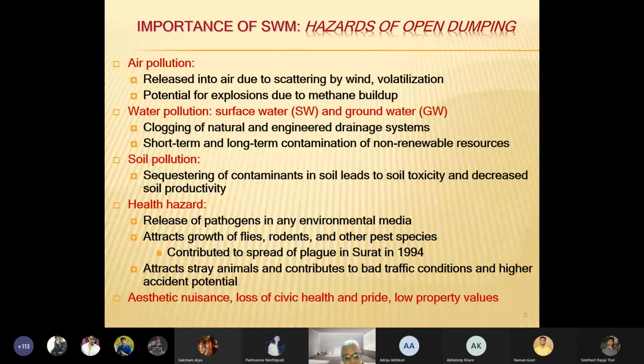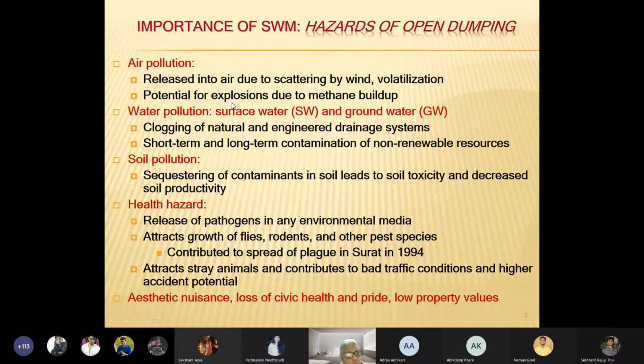People put anything and everything in the dump, and that material catches fire. Whether the fire is caused intentionally or unintentionally, that is a lot of air pollution, and the fires are self-sustaining because of the methane that builds up within these landfills. The methane builds up because of the degradation of organic matter. Biodegradation of the organic matter leads to the buildup of methane, and methane is a very flammable gas. So whether the fires are lit intentionally or unintentionally, it doesn't matter.